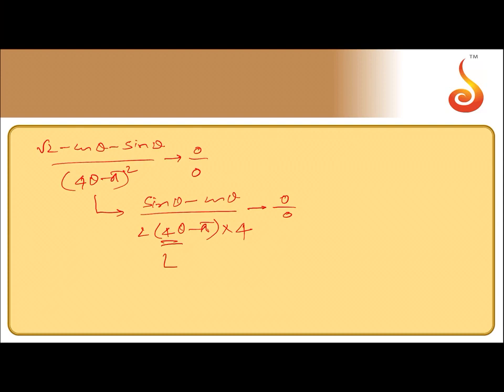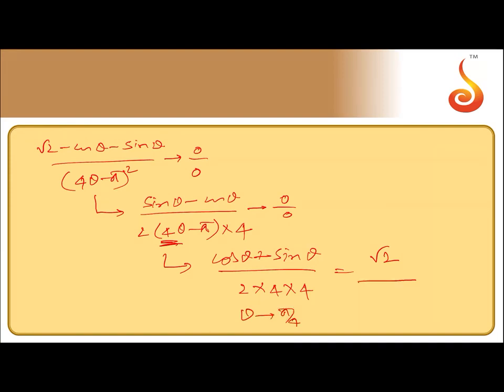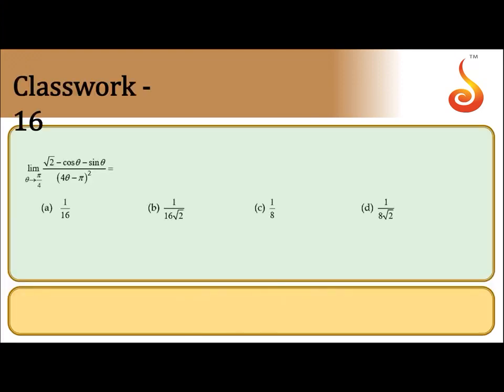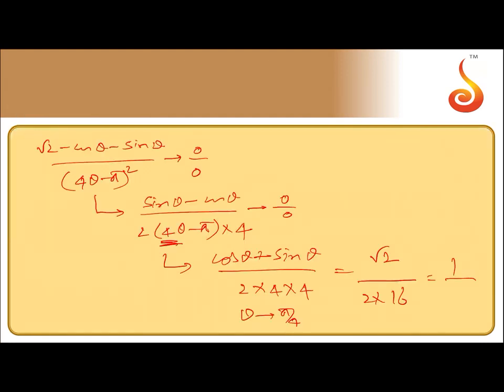Again it is 0 by 0 form, so I can apply the derivative technique again, thereby getting cos theta plus sin theta divided by 2 multiplied by 4 multiplied by 4. Therefore, as theta tends to pi by 4, we get root 2 divided by 2 into 16. So the answer is 1 divided by 16 root 2.